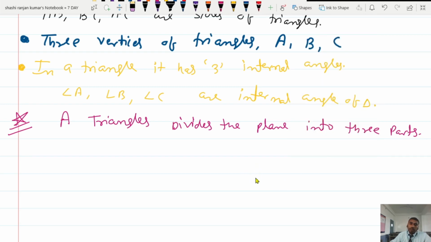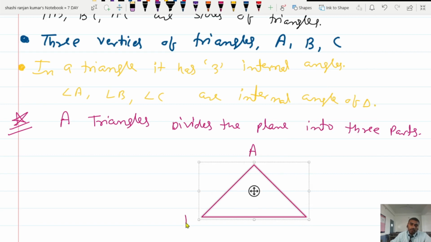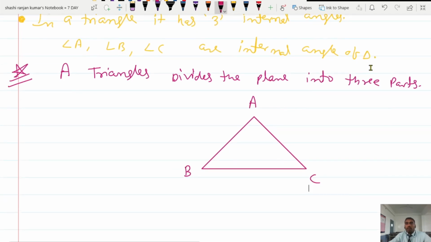Here we can see the diagram also. Let us suppose we have the triangle ABC. It has divided the plane into three parts. Let us suppose we take any point, say point P. This point P is outside the triangle. This is known as an exterior point.